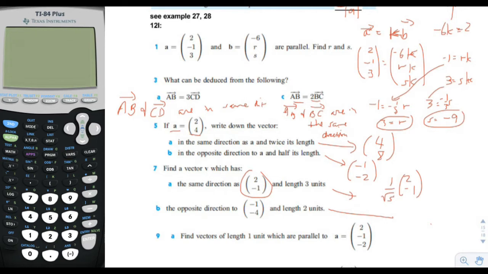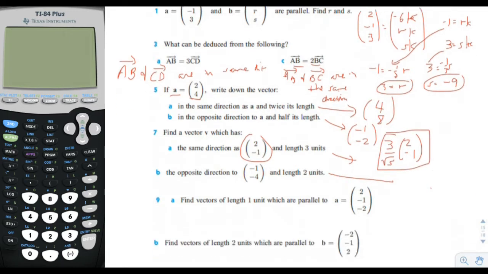Then we multiply this unit vector times 3, and that gives us a length of 3. Same thing with this one. If we start with the -1, -4 vector, what is the length? It's the square root of 1 squared plus 4 squared, so the square root of 17. We divide by the square root of 17 and multiply by the length of 2. Okay, that would be 7b.